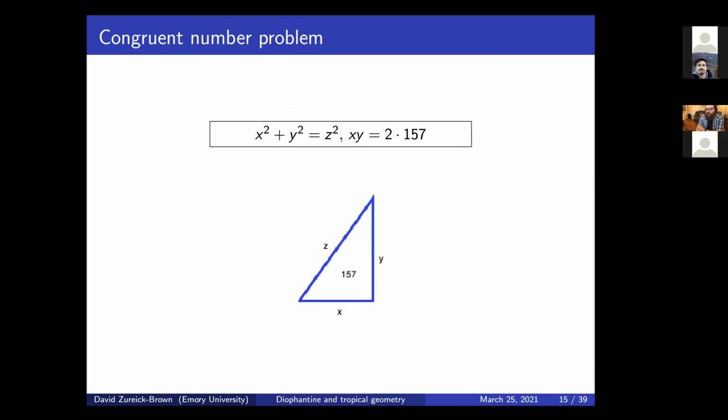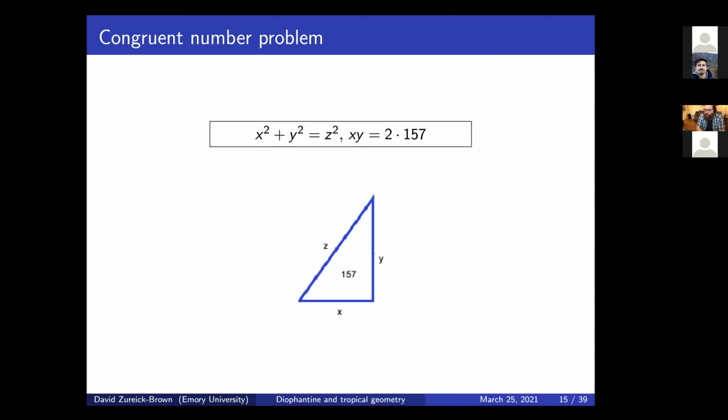The most interesting small one, in my opinion, is 157. I mean, for a couple of small values like 1, I think Gauss, or maybe it's Euler or even older, maybe Diophantus, was able to work out that 1 is not congruent. So 157, it turns out, is a congruent number. There is a right triangle. Well, if you interpret appropriately, there's a right triangle with rational side lengths x, y, and z whose area is 157.